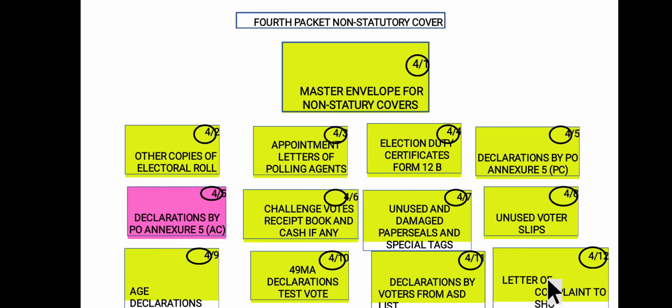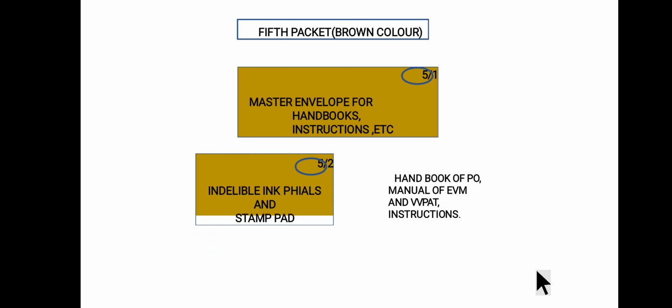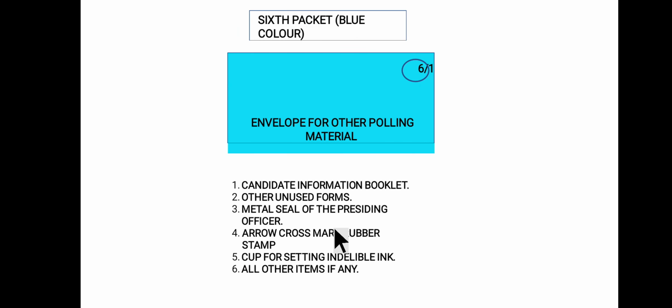So this is the fourth packet, and the fifth packet is very easy, which includes a brown color master envelope for handbooks and instructions, the PO diaries, manual of EVM and VVPAT instructions, along with indelible ink fields and stamp pad. And the last one is the sixth packet, which is blue in color.